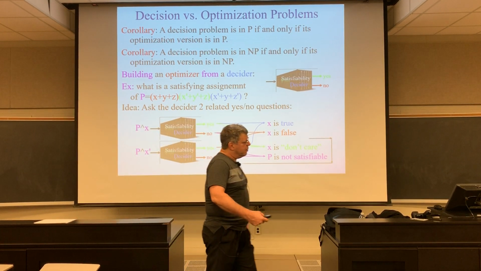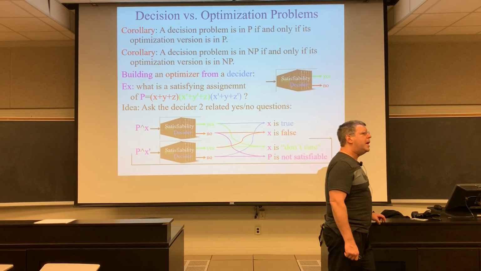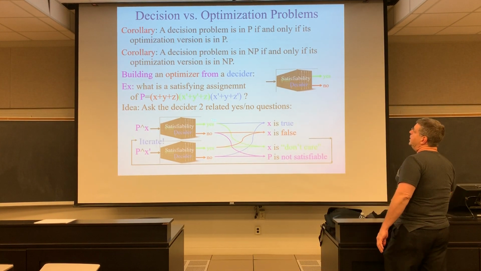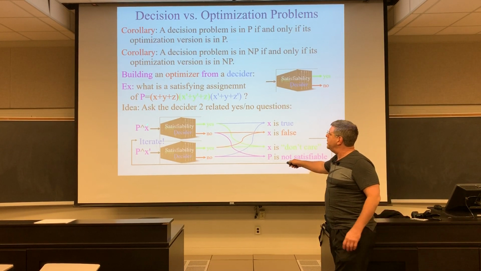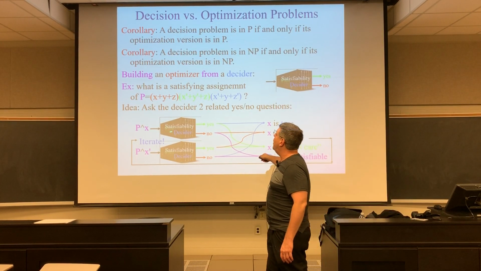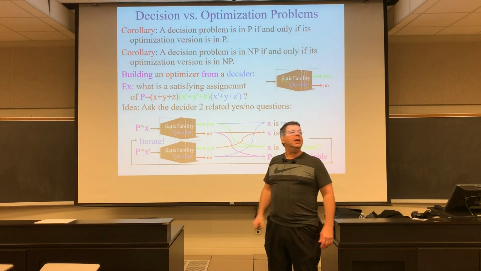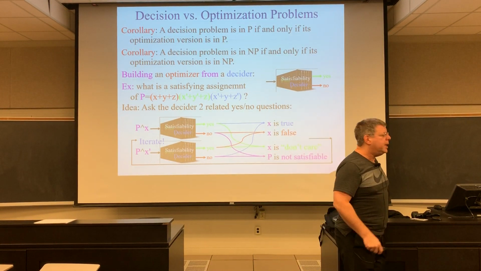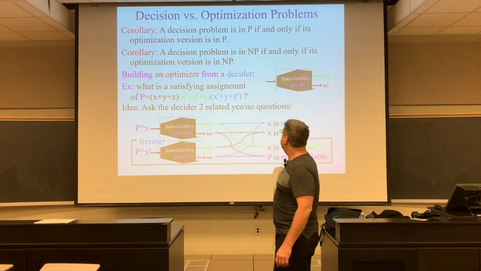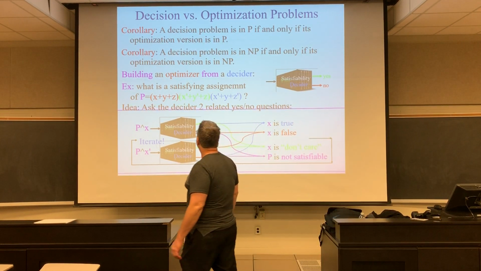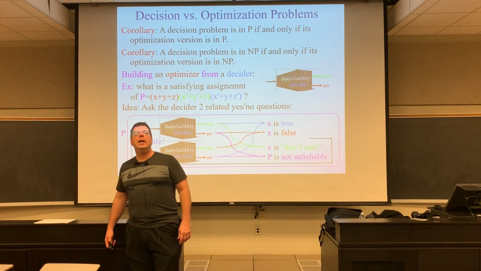And you iterate with more and more variables, one variable at a time. So now that you know what X should be, plug something in for the X, or just keep it out here, whether it's the X or the X prime, and then say and Y, and Z, and W. Keep adding variables one at a time. Keep running it through the decider. At each iteration, you'll squeeze one more bit out of it. And that's how you do it.